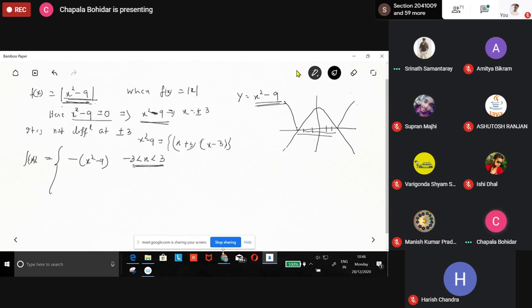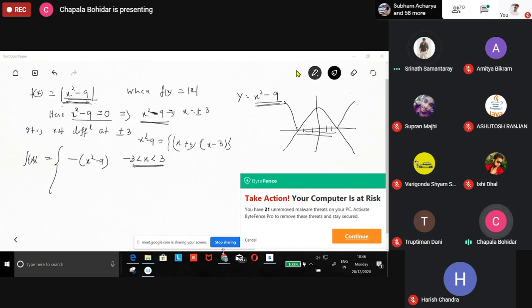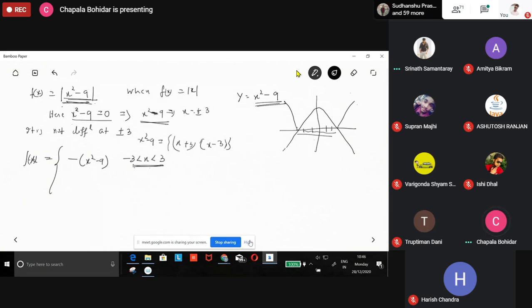So now, we know by solving the problem f(x) equal to mod x, it is not differentiable when x is equal to 0. So when x square minus 9 is equal to 0, this implies x is equal to plus minus 3.